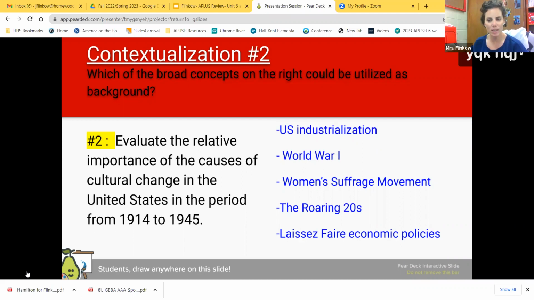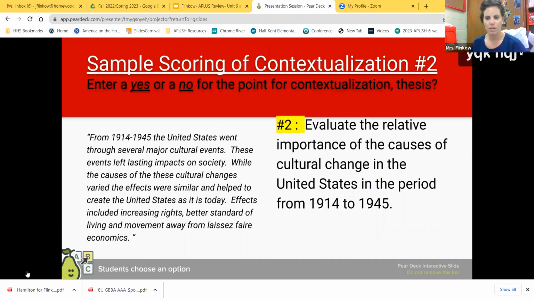And this goes back to, guys, your contextualization has to match your prompt, okay? This isn't asking you about economic changes. It's asking you about cultural changes. So you wouldn't use the economy in this one. All right, let's read this example and tell me if you think it gets the point.